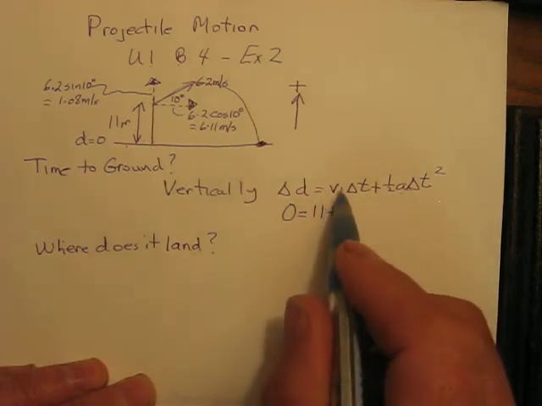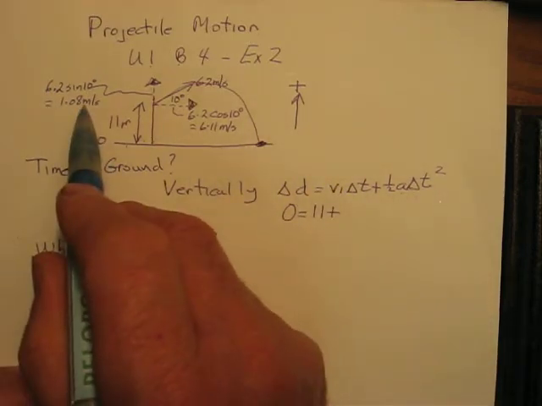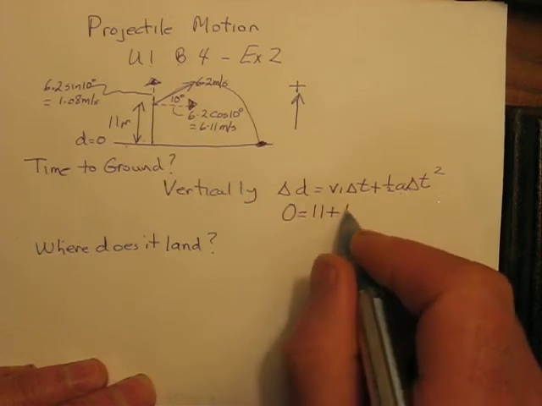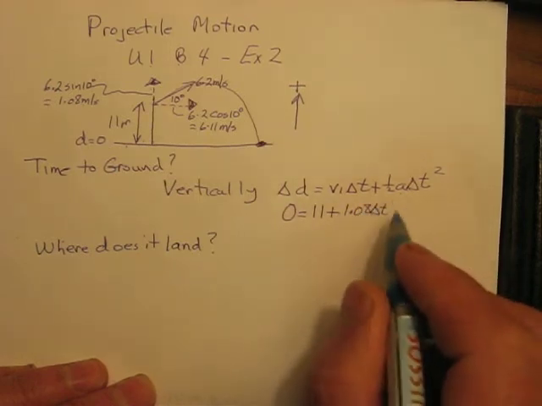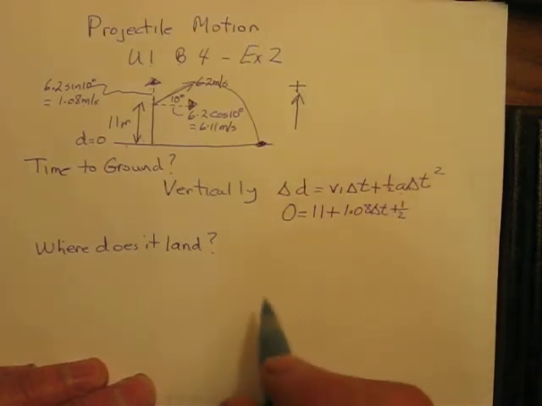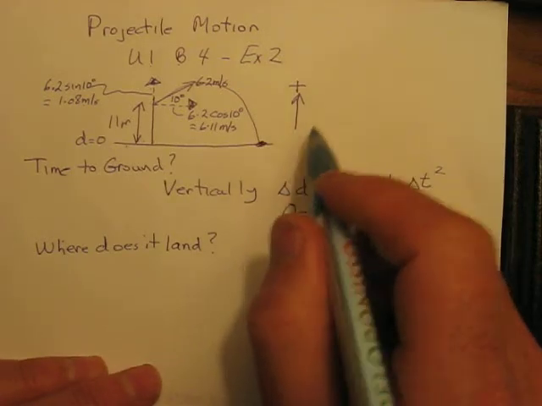Now V1. The V1 is the vertical velocity, and the 1.08, would that be positive or negative? It would be positive because it is upward. So we have 1.08 delta T plus 1/2. Now the acceleration. Which direction is the acceleration? Well, the acceleration is down.